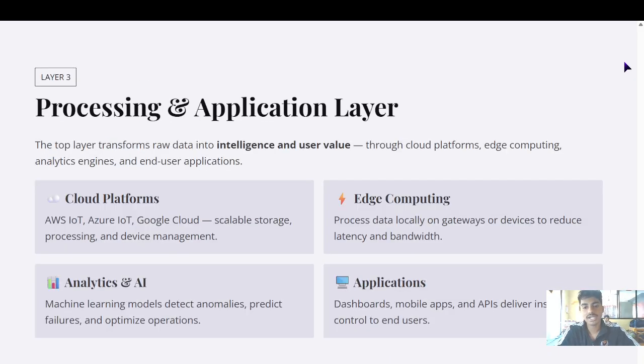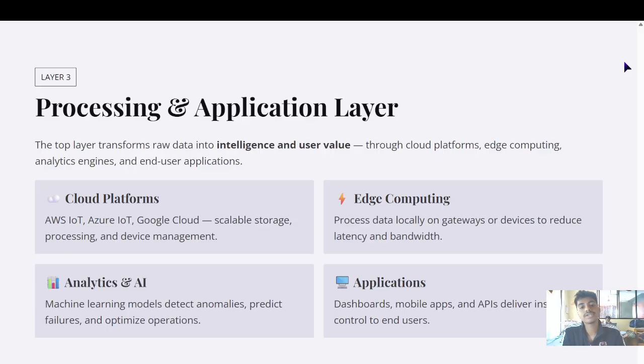Next, we have the processing and application layer. The top layer is the processing and application layer. Here, raw data is converted into useful insights. Cloud platforms like AWS and Azure store and process large amounts of data. Edge computing allows processing to happen closer to the device, reducing delay.